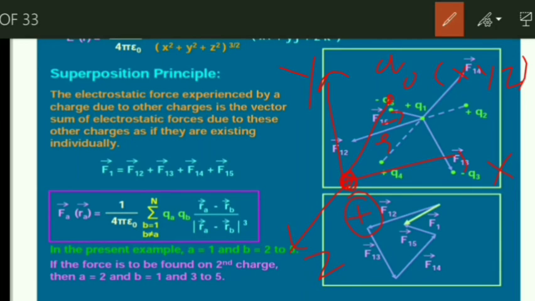Since we know that vector r can be represented by x i cap plus y in j direction plus z in k direction.